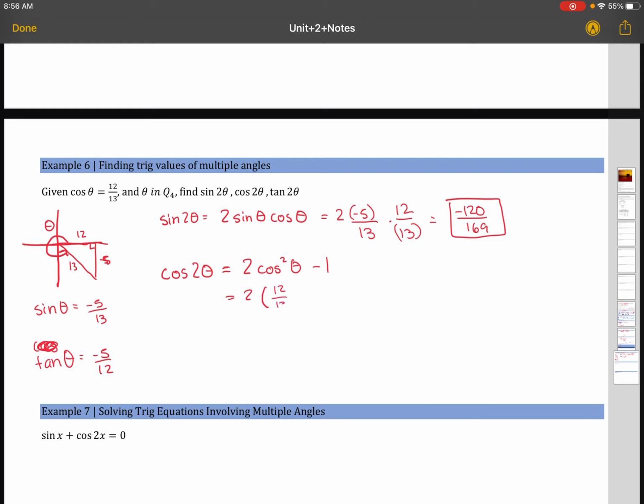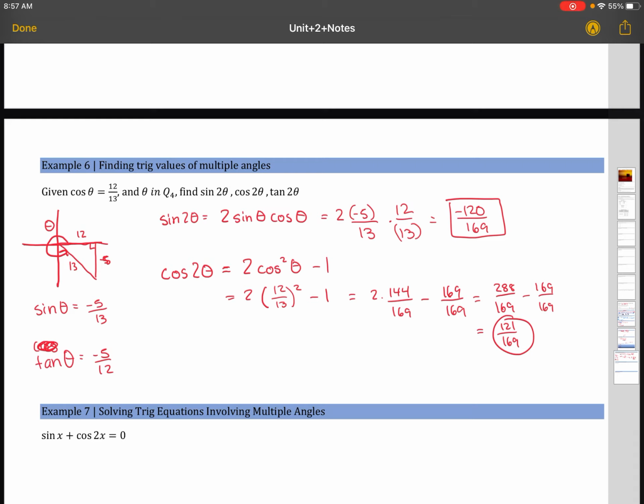So we're going to have 2 times 12 divided by 13 squared, minus 1, which is 2 times 144 divided by 169 minus, so subtracting 1 is like subtracting 169 divided by 169. And so that is 288 over 169 minus 169 over 169, which equals, and you can do all of this in the calculator and give me a simplified fraction, I like doing the stuff in my head, so we'll say 121 divided by 169.